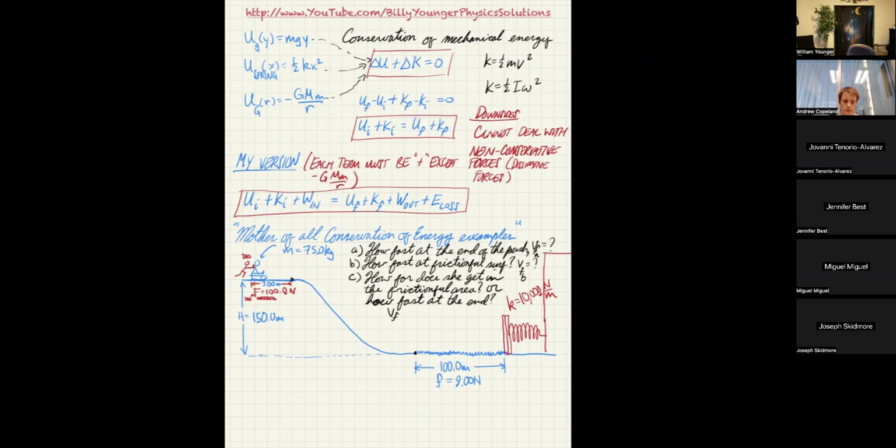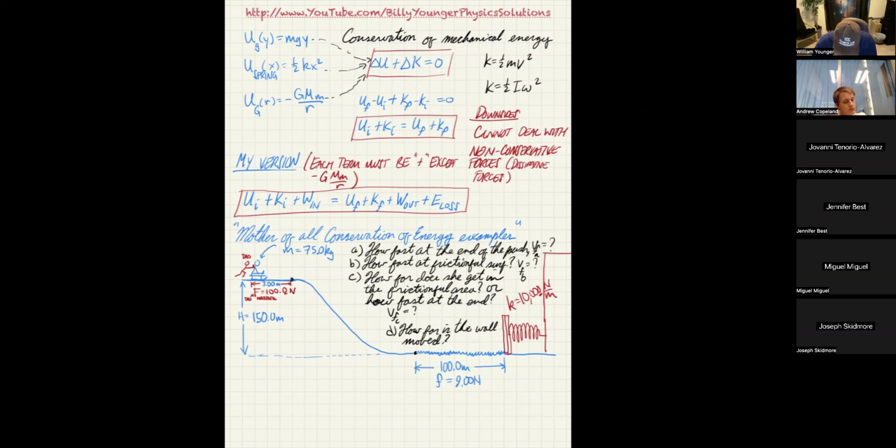That would be, of course, VFC equals question mark. And then finally, assuming she makes it this far, D, how far is the wall moved? In other words, the girl is going to hit that spring-loaded wall, and that's going to compress the spring, and it's going to keep compressing the spring until her velocity comes to zero. I want to know how far did that spring compress.